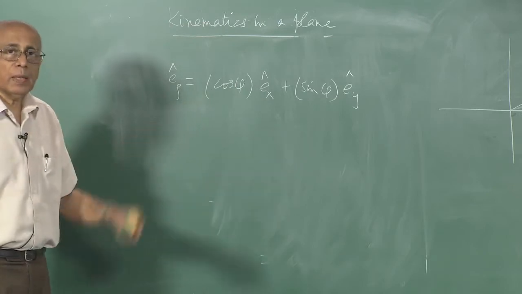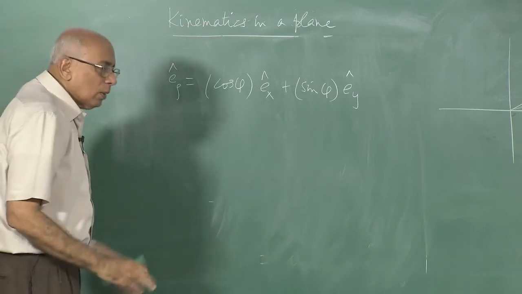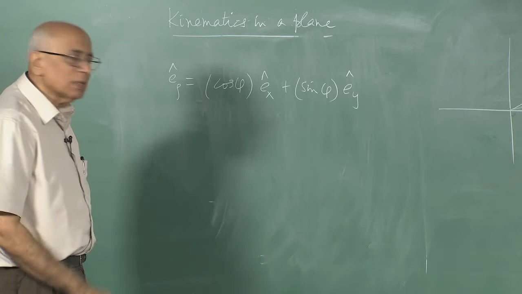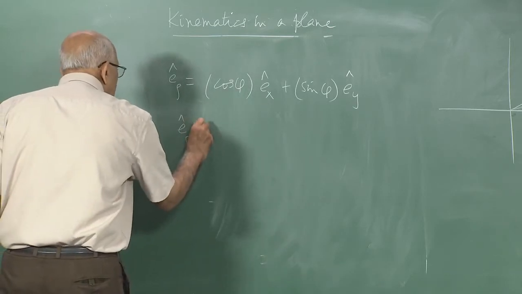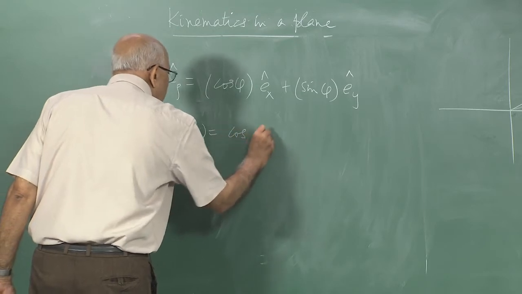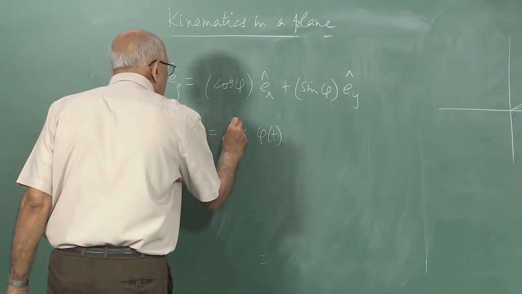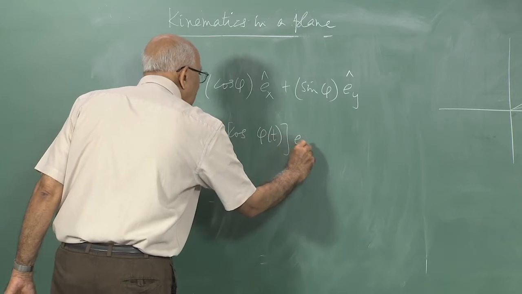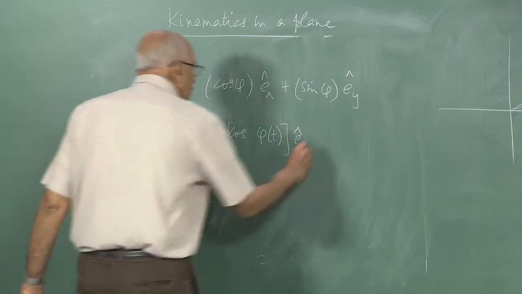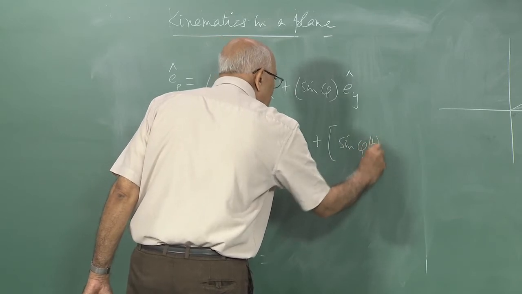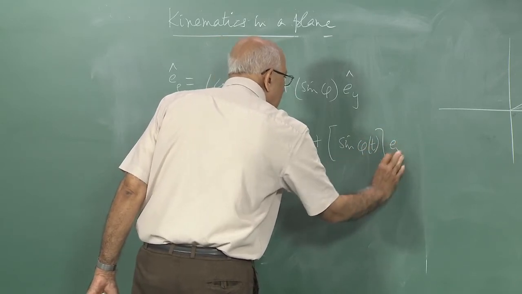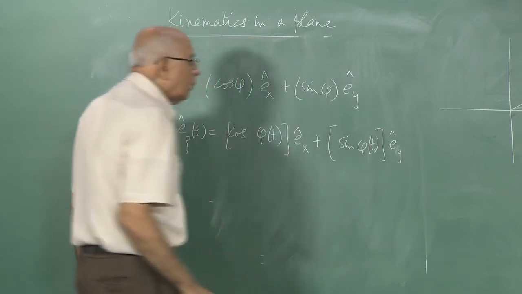And now we have a particle moving, which means the rho and phi for this particle are changing as a function of time. So we have e rho of t equal to cos phi, which is a function of time, multiplying a constant unit vector, plus sin phi as a function of time multiplying a constant unit vector in the y direction.